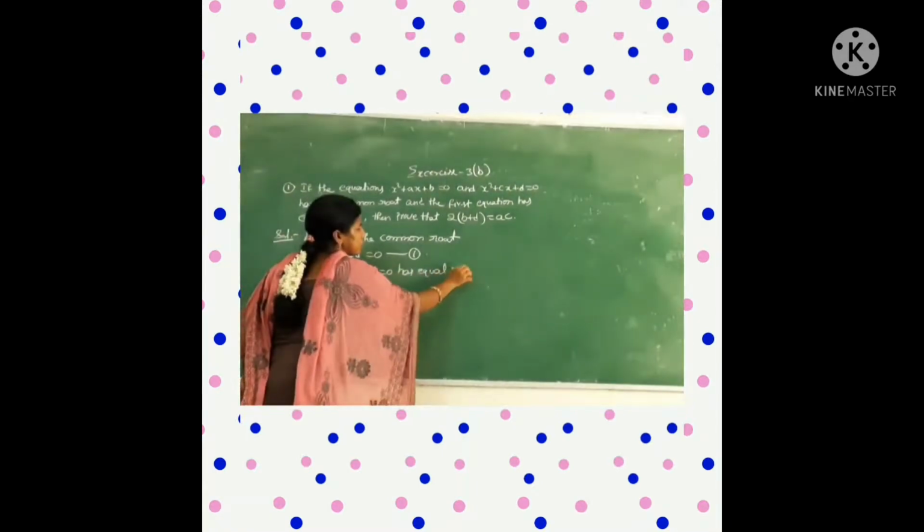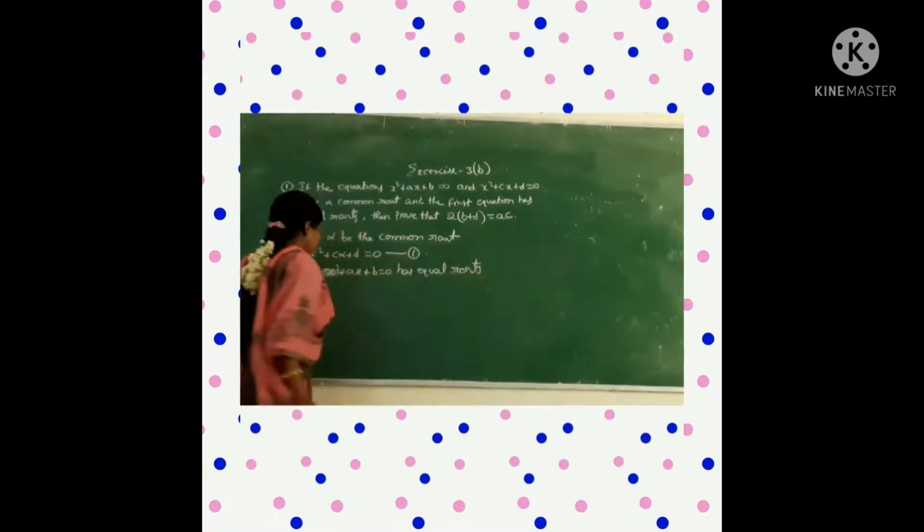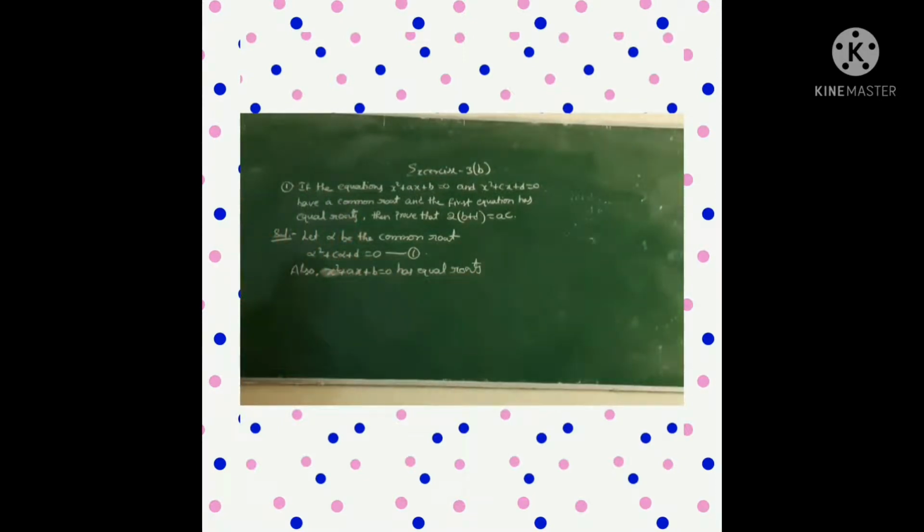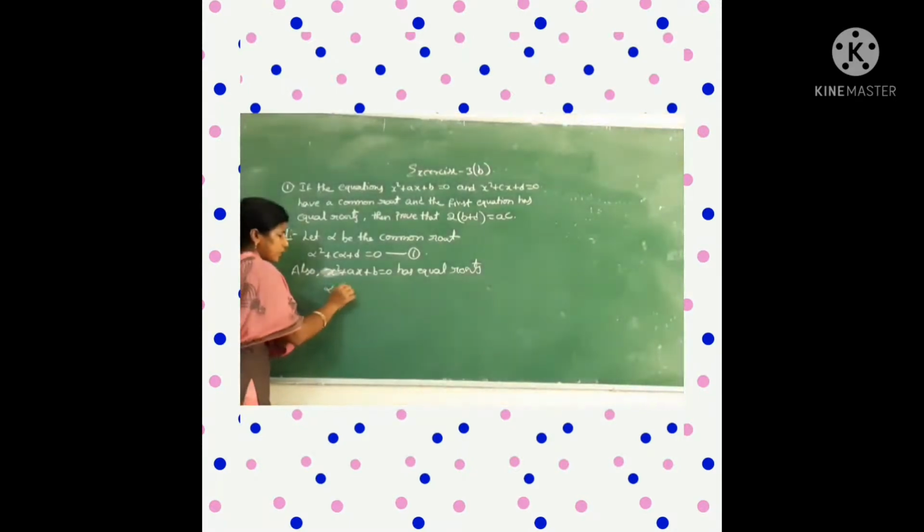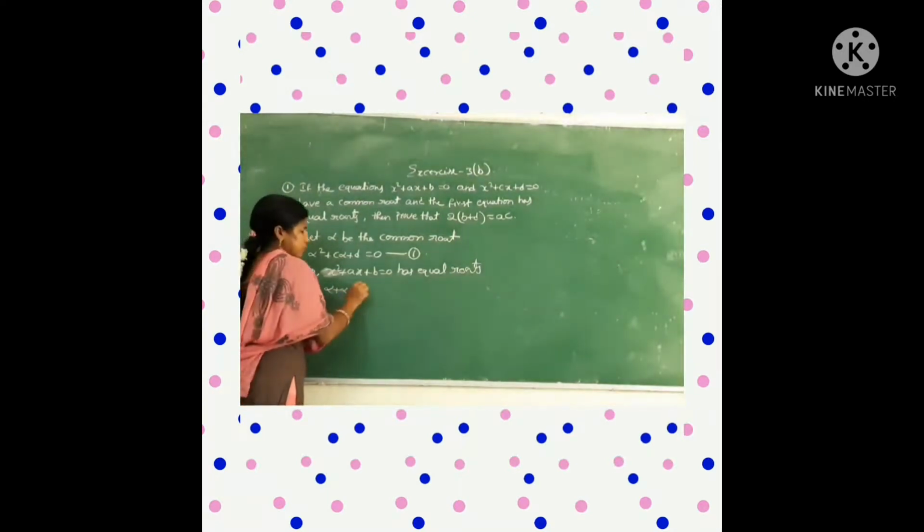Okay, that's why the sum of the roots, with equal roots, alpha is both roots. Normally the roots are alpha plus beta, but we have common roots, so we take alpha plus alpha is equal to minus b by a, the general formula.